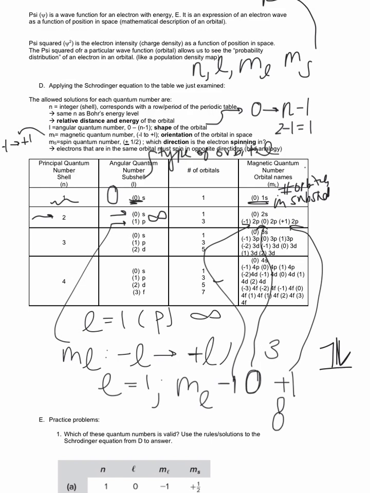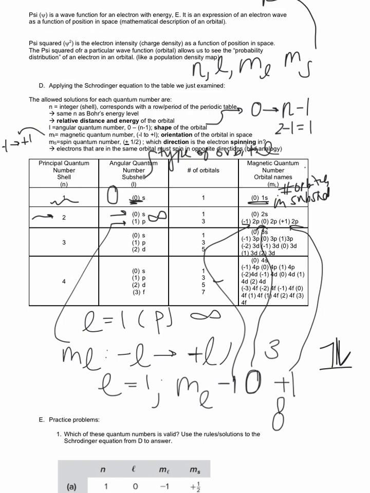The magnetic quantum number tells us which specific orbital within that shape the electrons are in. And then finally, the fourth quantum number, or the spin quantum number, allows us to narrow down which particular electron within that orbital it is. Is it the electron that's spin up? Is it the electron that's spin down? Is it the person on the right side of the bed, or the person on the left side of the bed? So we can also carry this further to d and f orbitals.